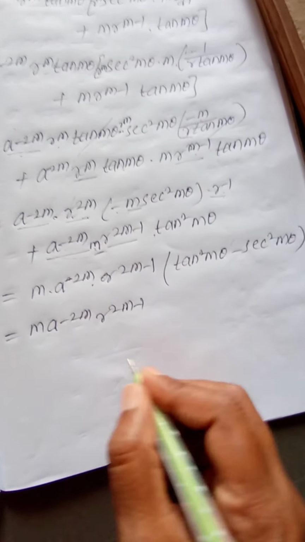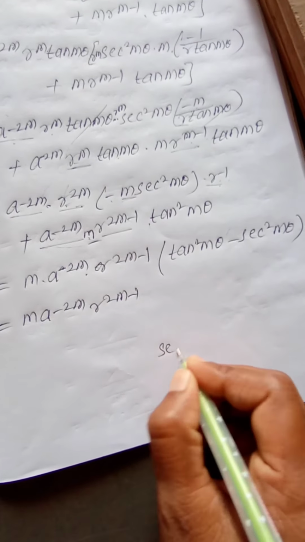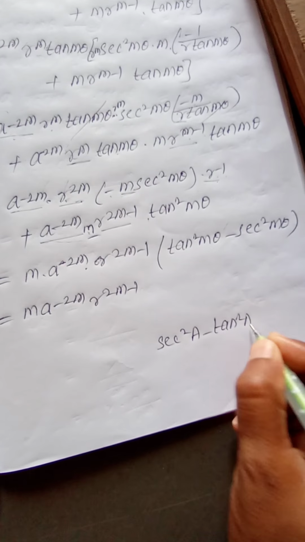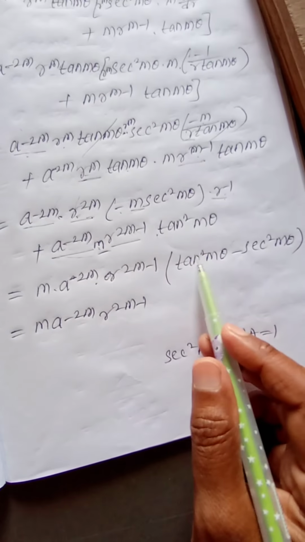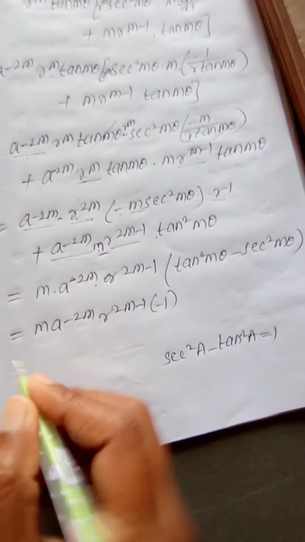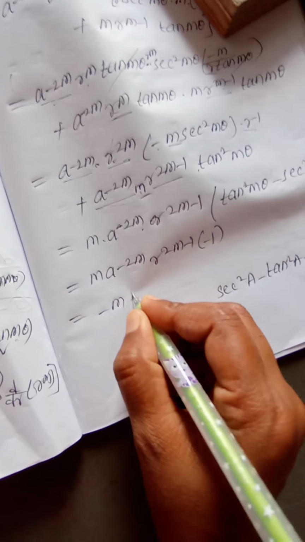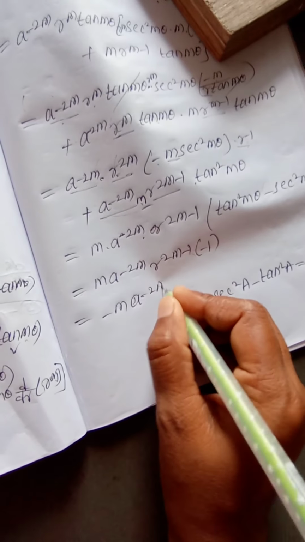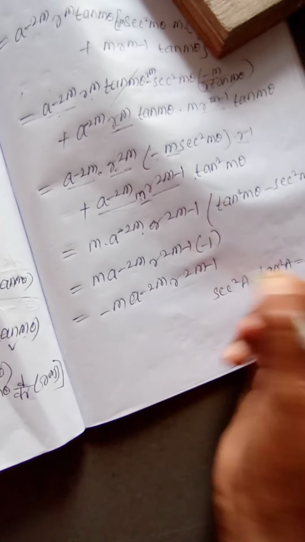So we know the formula secant square a minus tan square a equal to 1. So tan square a minus secant square a is minus 1. So this is minus m, minus into plus, minus a to the power of minus 2m, r to the power of 2m minus 1.